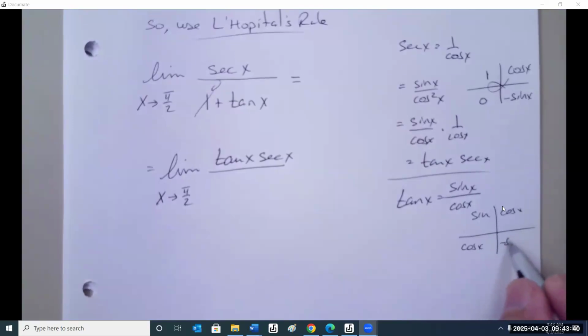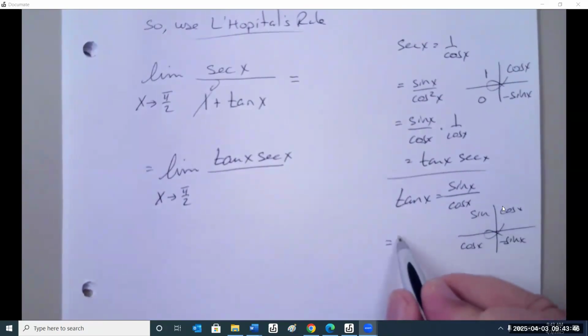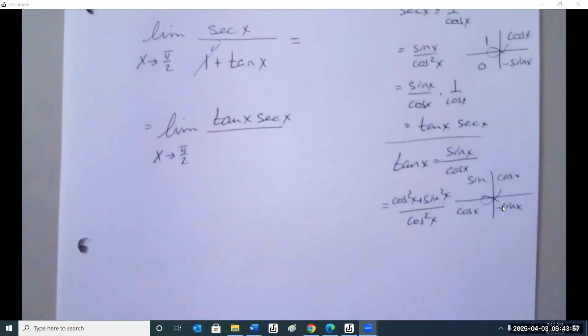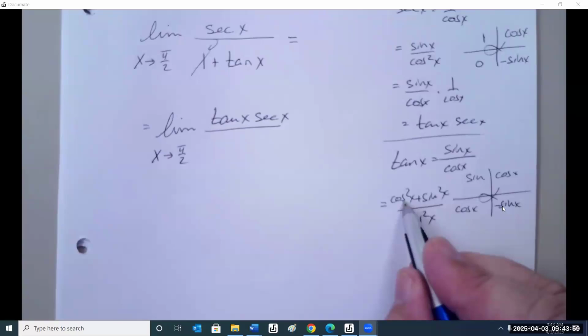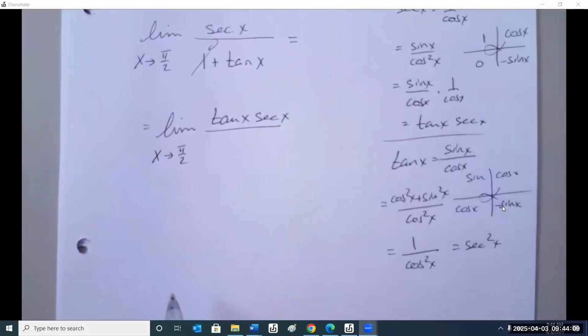The derivative of cosine is negative sine. So it's cosine squared x minus a negative makes it plus sine squared x over cosine squared x. Cosine squared plus sine squared is equal to 1, which is secant squared x.